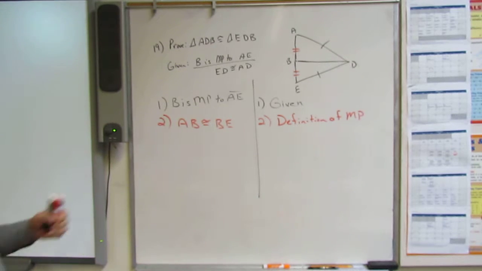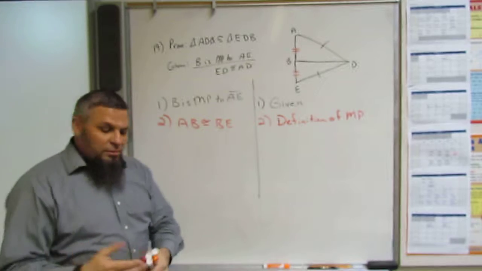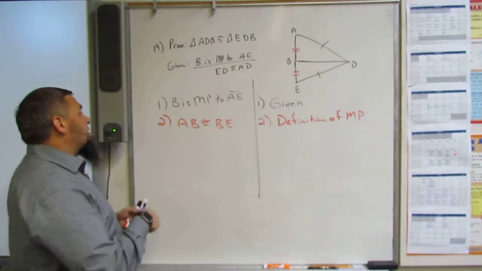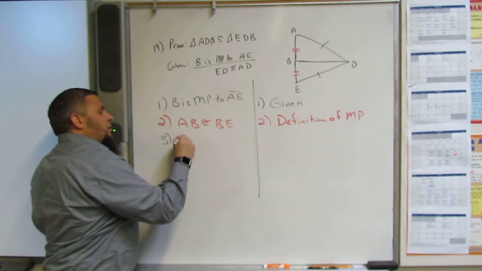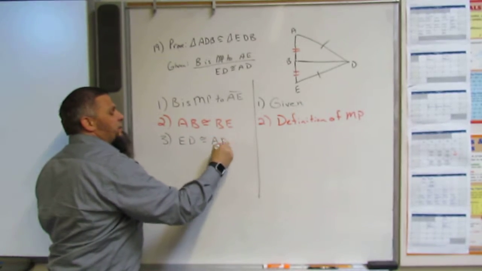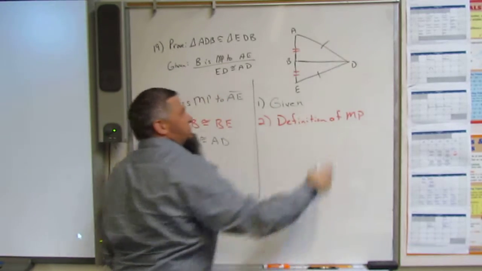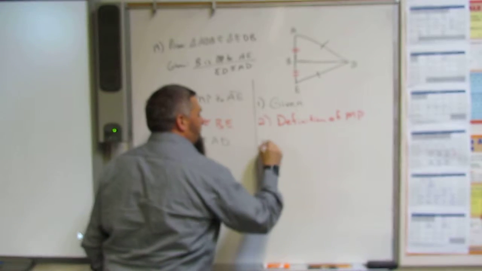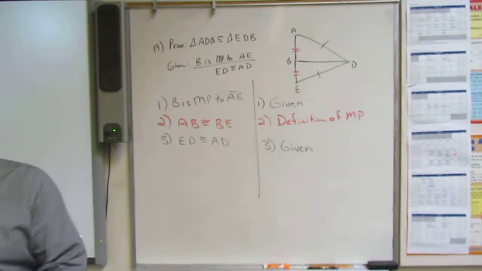And we know that there's another given, so we can always go to that. So for number 3, ED is congruent to AD. So this is congruent to this, and it's given. That's pretty easy. It was given to us.